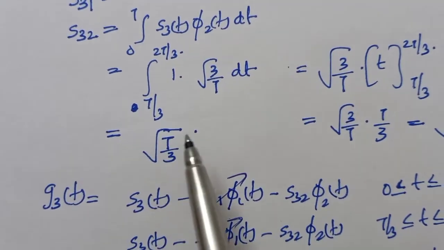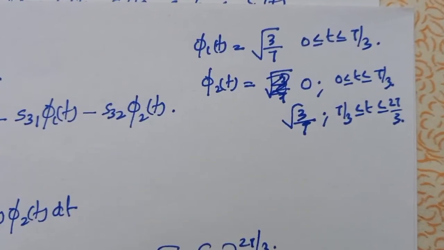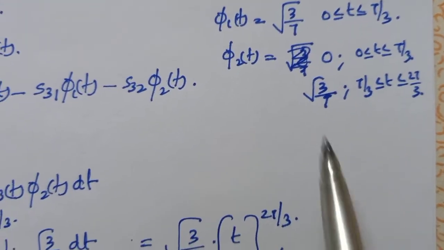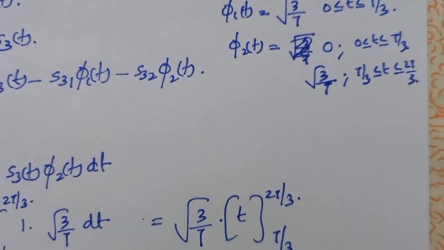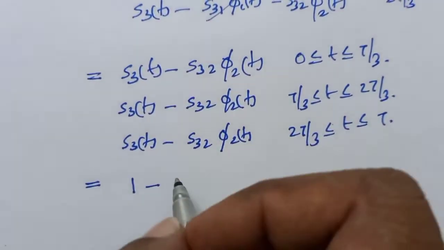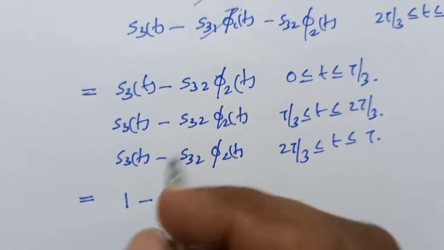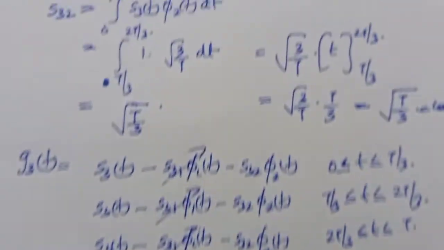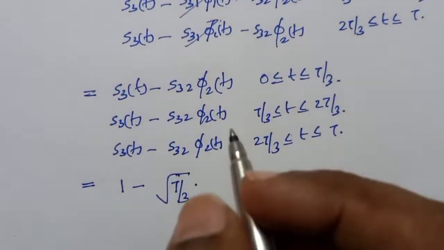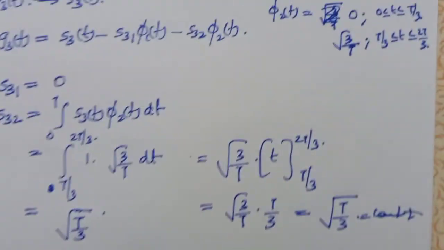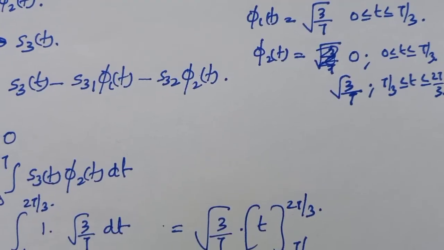S32 is root of T by 3, and phi2(t) ranges from T by 3 to 2T by 3, right? So S32 is root of T by 3 into phi2(t), which is root of 3 by T.